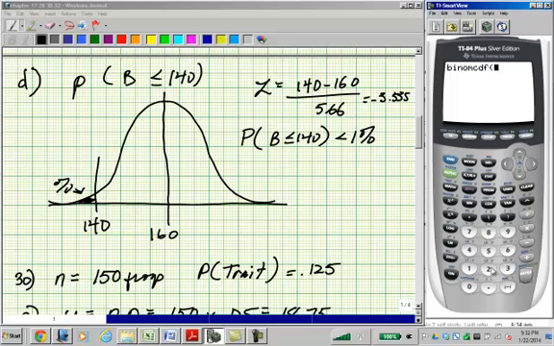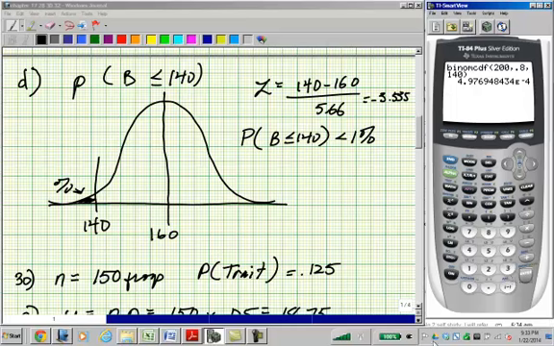So N is 200 and P is 0.8, and we're looking at 140 successes. So X is 140. And this probability is very close to the probability we got using the normal model, but they're both very, very small.